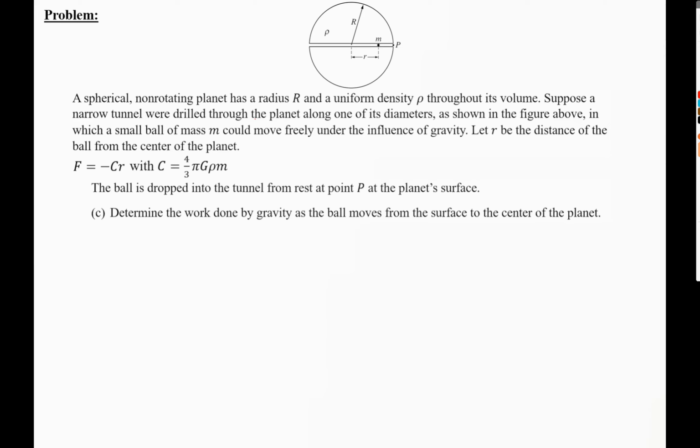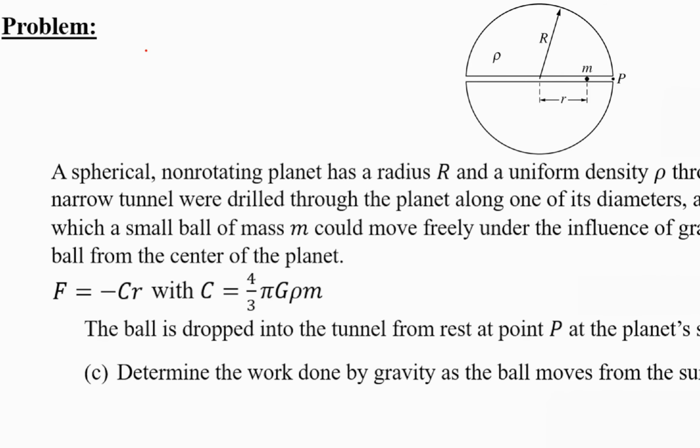Now in part C, determine the work done by gravity as the ball moves from the surface to the center of the planet. So let's recall some notions related to the work done by a force in general. If the force and displacement are parallel, the work is given by Fd. If they are anti-parallel, it's given by minus Fd. If they are perpendicular, it's given by 0.